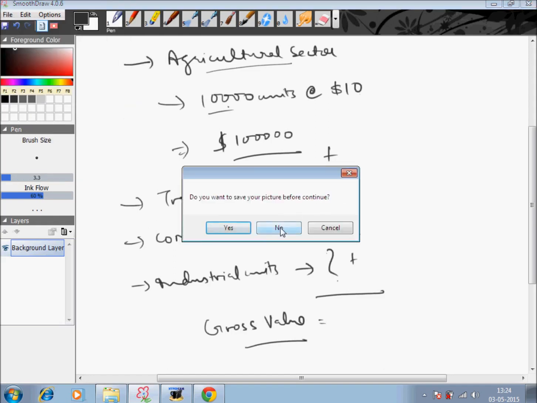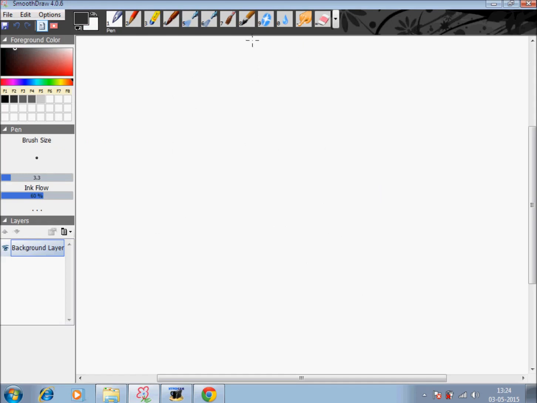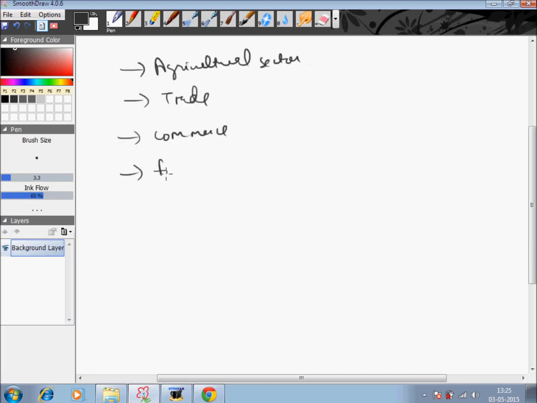See, as I told you, for various sectors we determine the gross output. For example, the agricultural sector, then trade, commerce, financial sector.